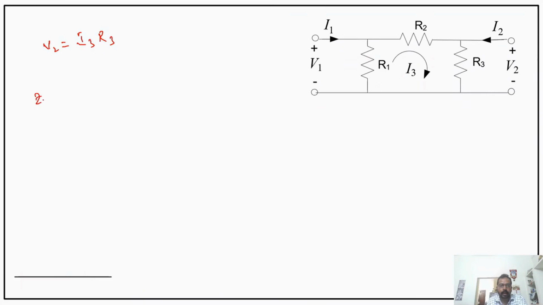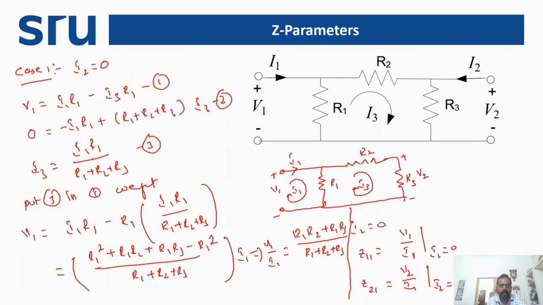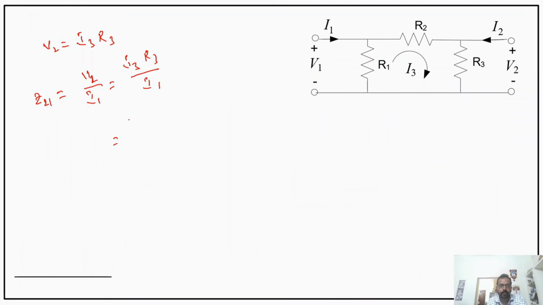So my Z21 is equal to V2 divided by I1, but what is V2? It is I3 R3 divided by I1. Now we shall eliminate this I3. I3 equals I1 R1 divided by R1 plus R2 plus R3, into R3 divided by I1.